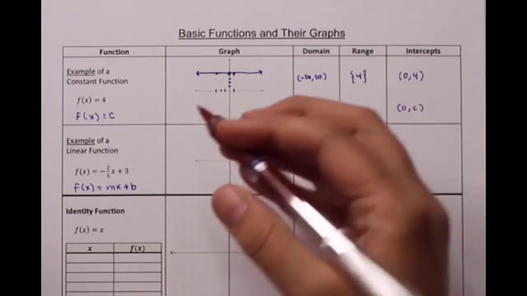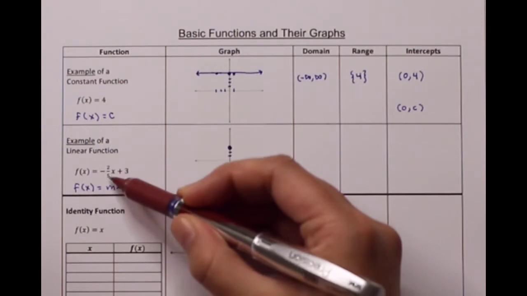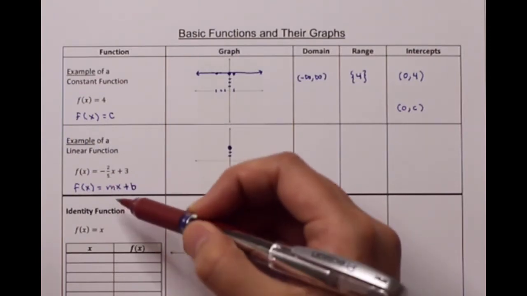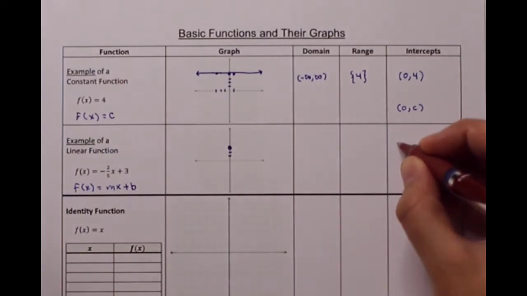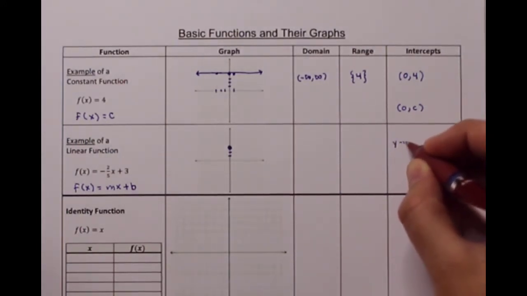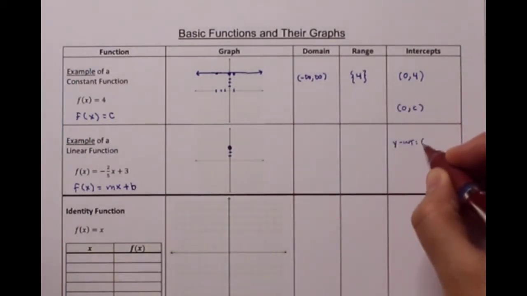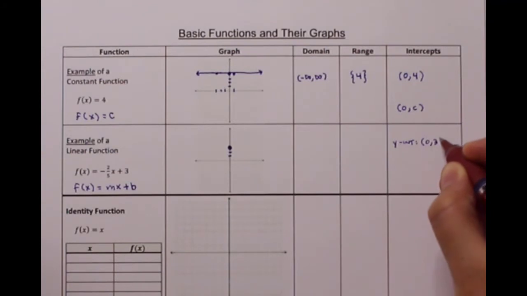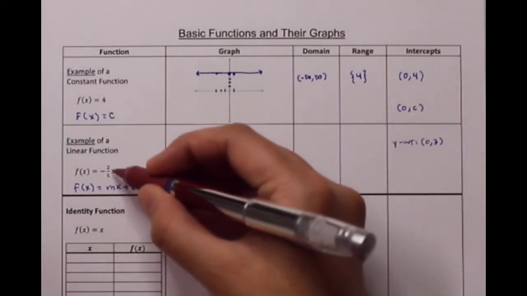From that point, this number that's multiplying x is what we call the slope. M represents the slope. So our y-intercept, let me put it over here just so we have it, is 0, b. In this particular example, it's 0, 3. And our slope here is negative 2/5.